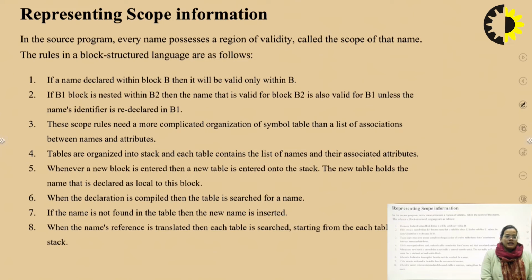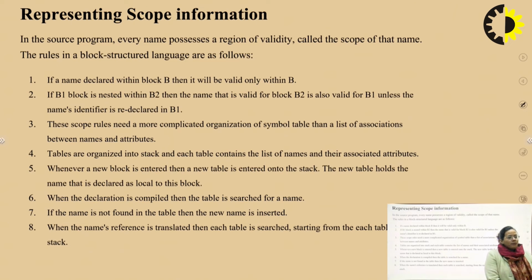Tables are organized into a stack and each table contains the list of names and their associated attributes. Whenever a new block is entered, a new table is pushed onto the stack. The new table holds the names that are declared as local to this block.